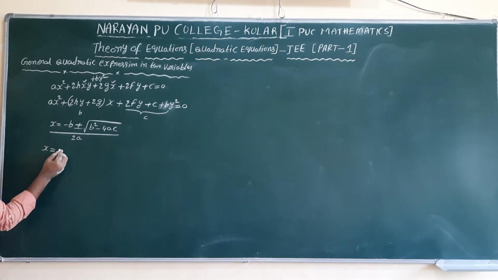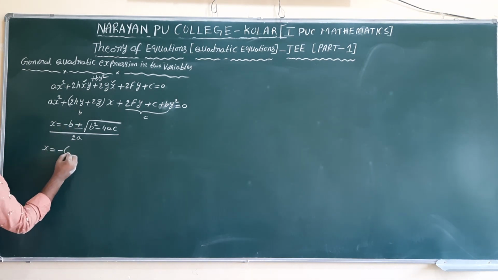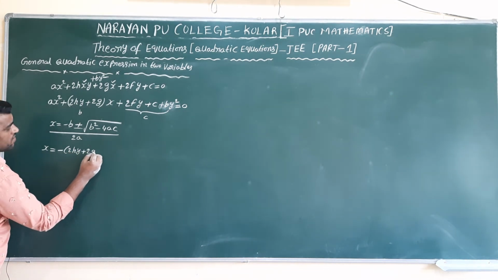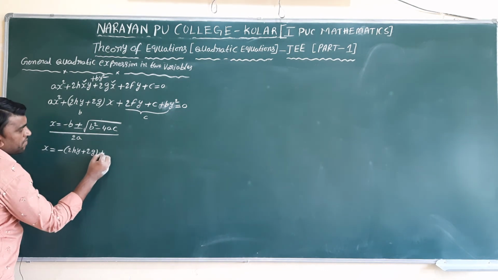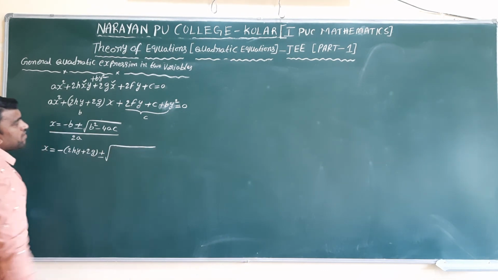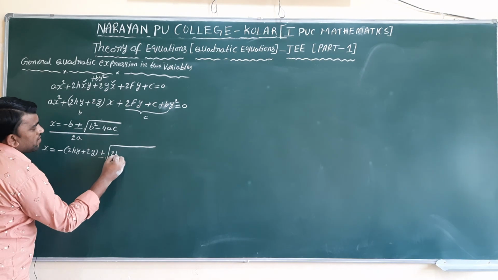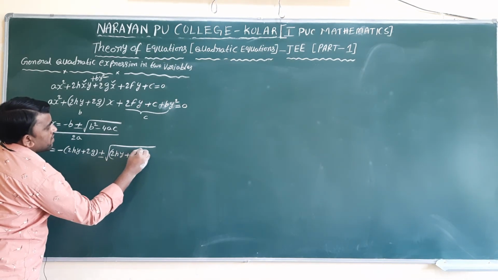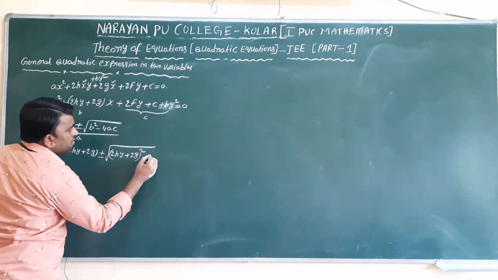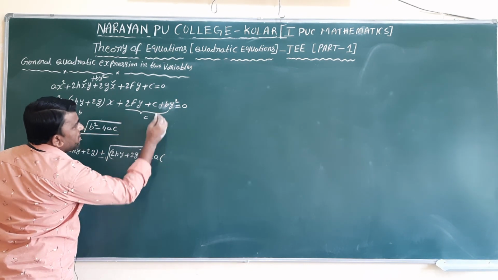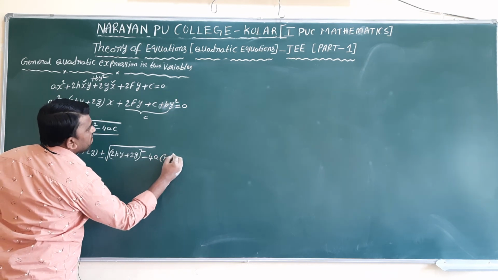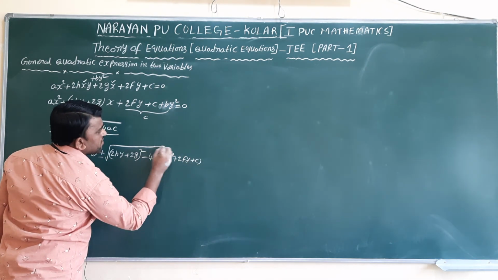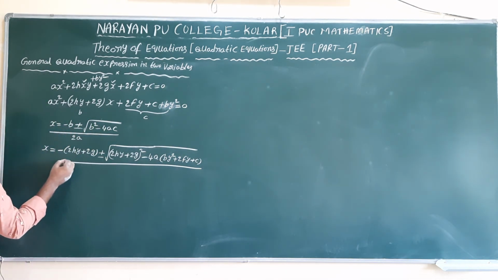x equal to minus b, that is 2hy plus 2g, minus b plus or minus square root of b square, that is 2hy plus 2g whole square, minus 4ac, 4a times the value by square plus 2fy plus c, by 2a.